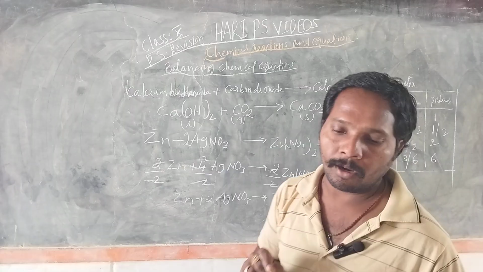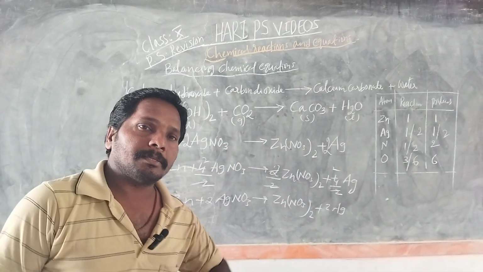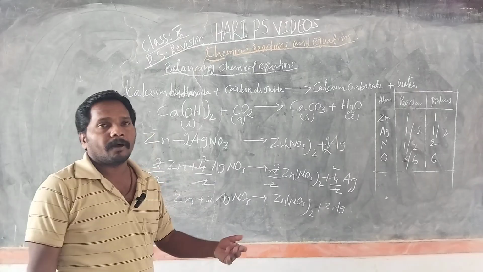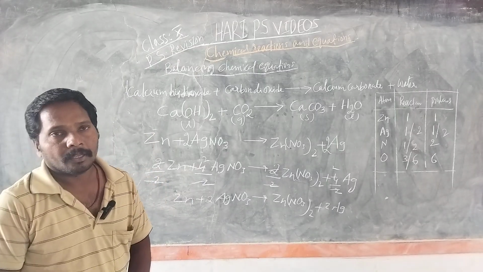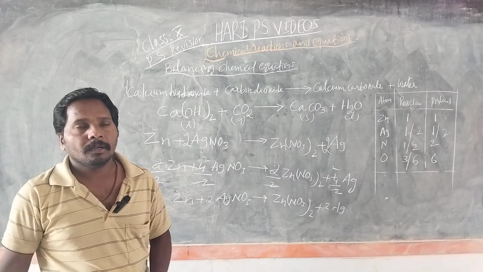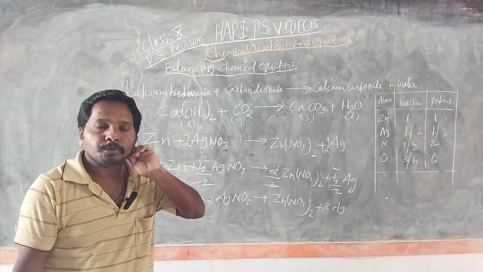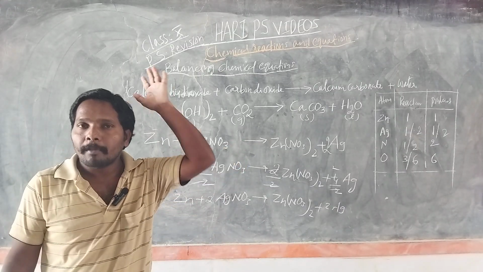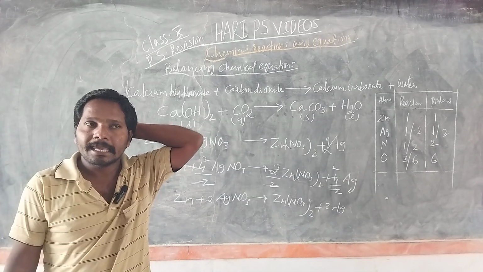Very important: in the examination, at least one question will compulsorily be to balance the following chemical equations. From your textbook, you have so many chemical reactions, so try to balance all the chemical equations.